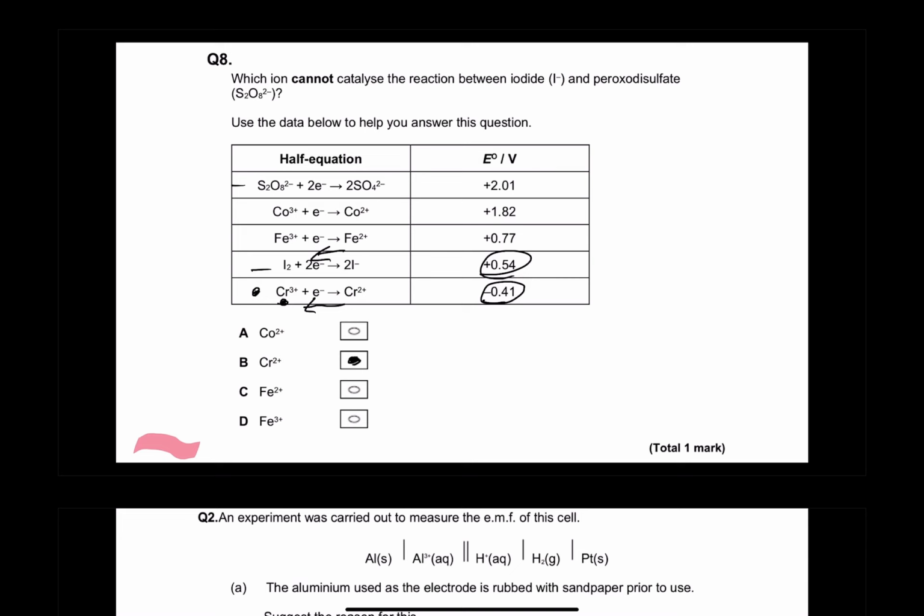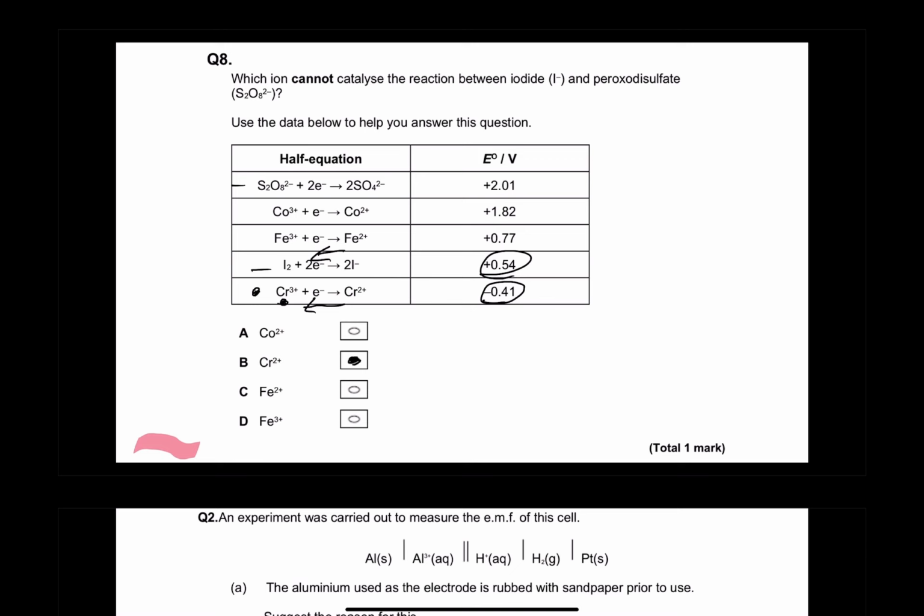You're trying to force this backwards reaction here. This backwards reaction can't happen at the same time, right? Lower electrode potential. Or maybe it could. I'm just trying to read it back now. Cr2 plus.